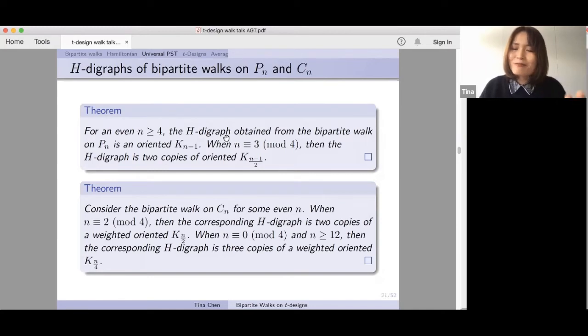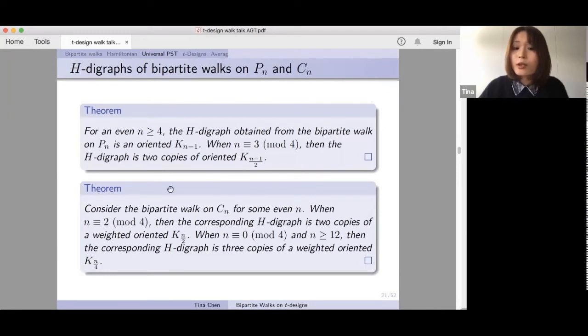And since when n is congruent to 1 mod 4, even U squared will still have minus 1 as an eigenvalue, we omit the case n congruent to 1 mod 4. We only consider the case n congruent to 3 mod 4. In that case, the Hamiltonian will be the Hamiltonian of U squared, and then the corresponding digraph will be 2 copies of oriented K_{(n-1)/2}.